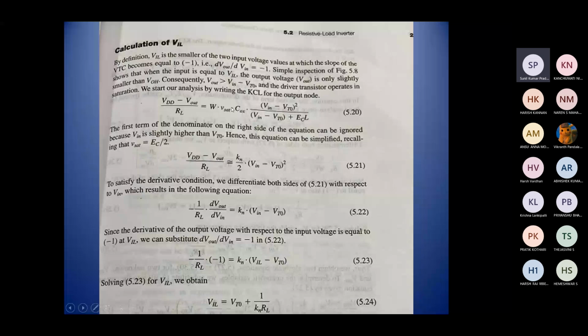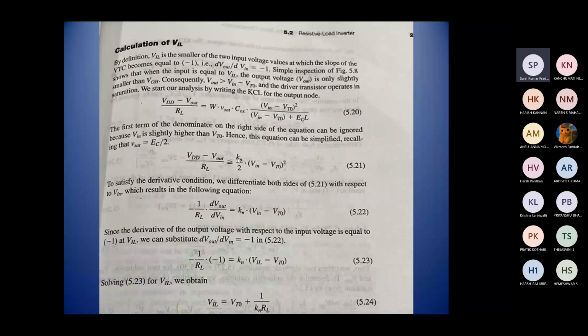Now we can put this value here. It becomes (VDD minus Vout) divided by RL equal to Kn by 2 times (Vin minus VT0) squared. This VT0 is our threshold voltage, and the K constant, as you remember from some problems we have solved, is mu times Cox times W by L. So this is what Kn is about for the NMOS transistor.